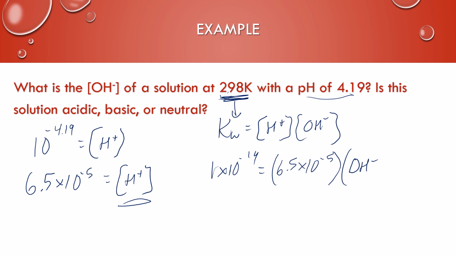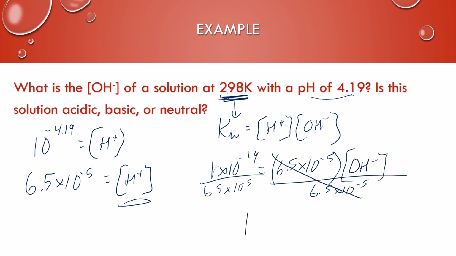You leave it as brackets. Divide both sides by 6.5 times 10 to the negative 5, so that it cancels out here. And we are left with 1.5 times 10 to the negative 10th as my hydroxide ion concentration. And that unit is moles per cubic decimeter for concentration there.